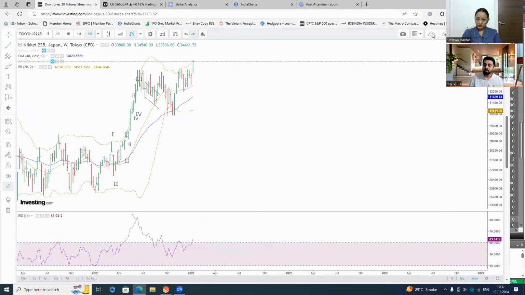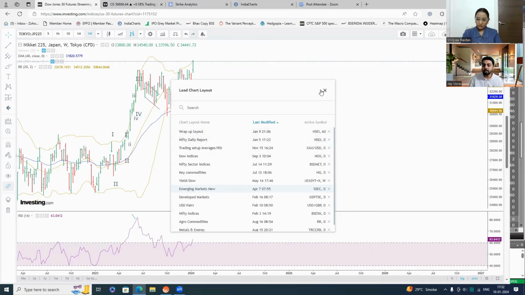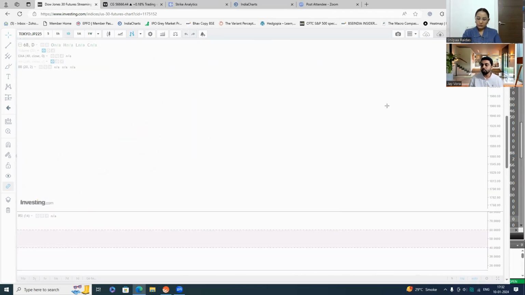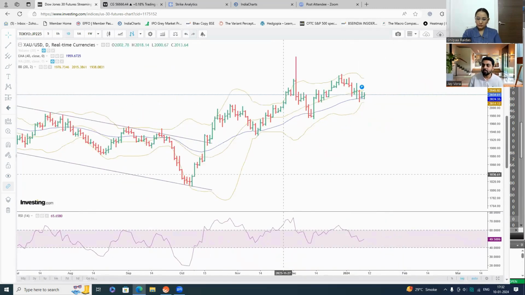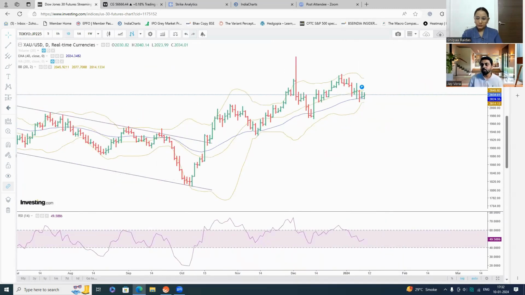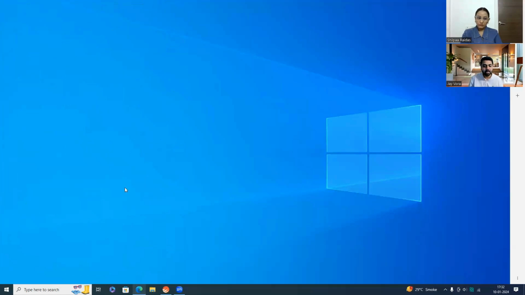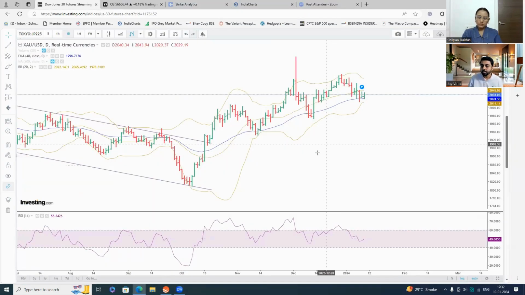So this is what I'm trying to say, that the market is all over the place. Who would have imagined that the Chinese index and all would be languishing at the 52-week low, and the Indian indices, Nikkei and all, are rising higher. The US indices also are relatively performing good, but that is not the case across.